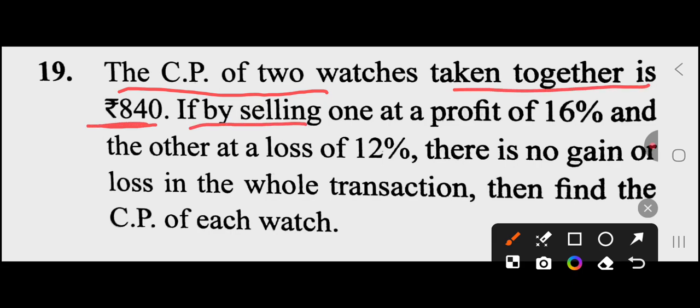If by selling one at a profit of 16% and the other at a loss of 12%, there is no gain or loss. No gain or loss means cost price is equal to selling price. Whatever amount they bought for, they sold for the same. There is no gain and loss in the whole transaction. Find the CP of each watch. Okay, so let's see the solution.